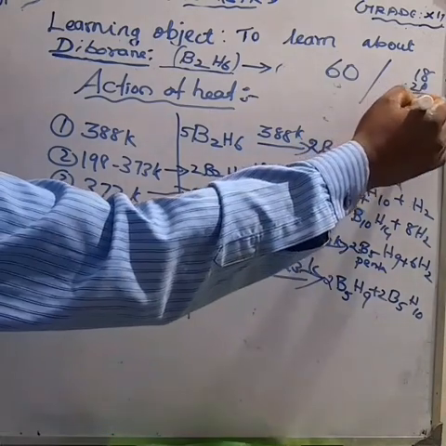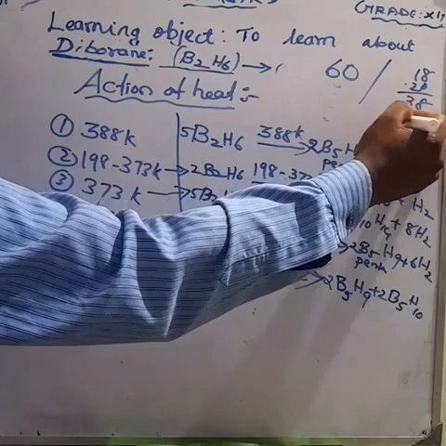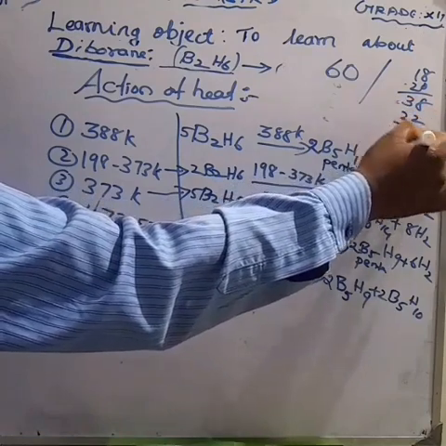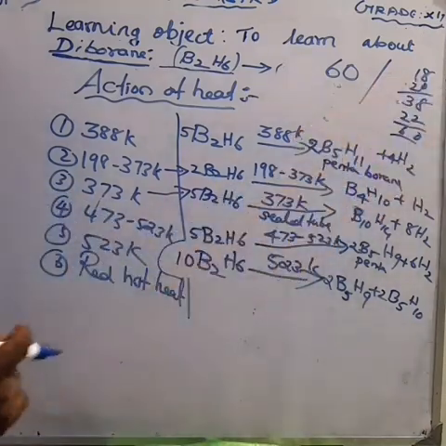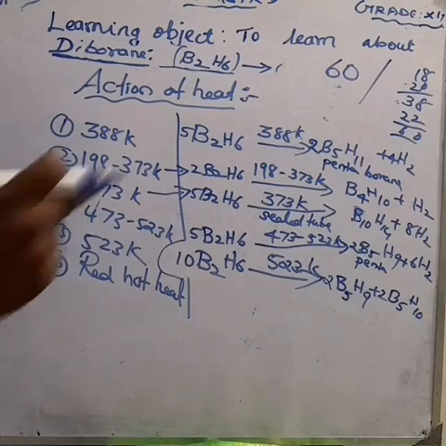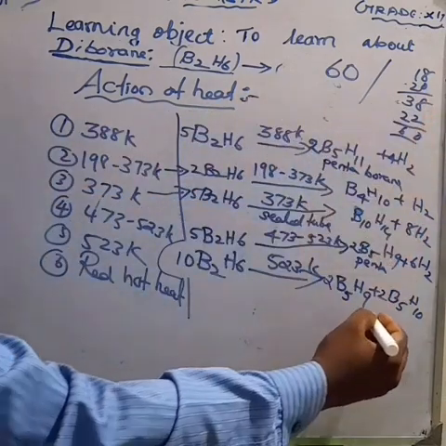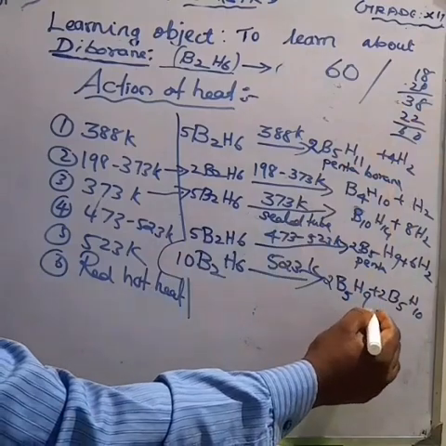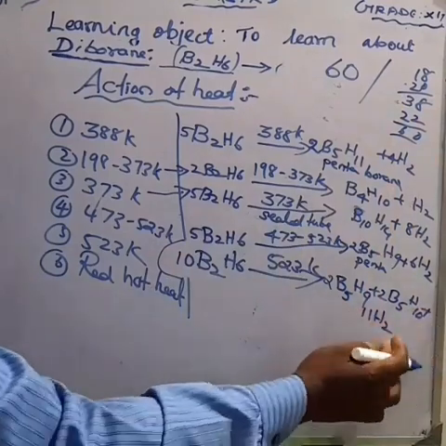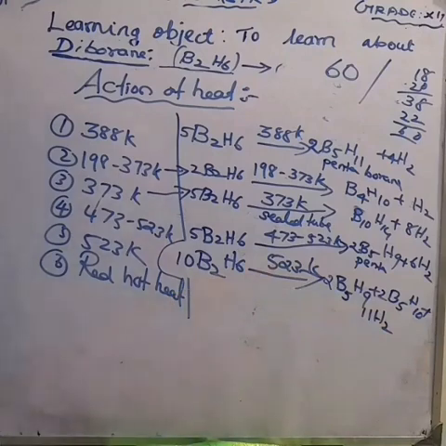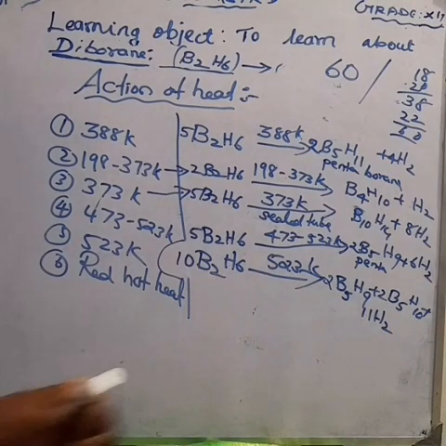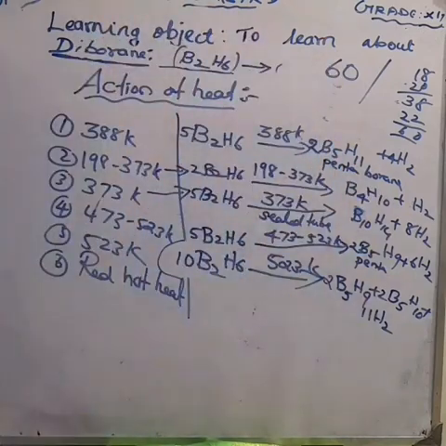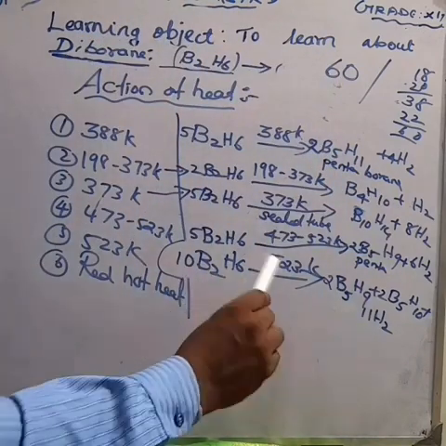There is a shortage of 22. If you multiply by 11, 11 into 2 is equal to 22. Now the equation is also balanced. Here we have 20 boron on the reactant side. What about the product side?